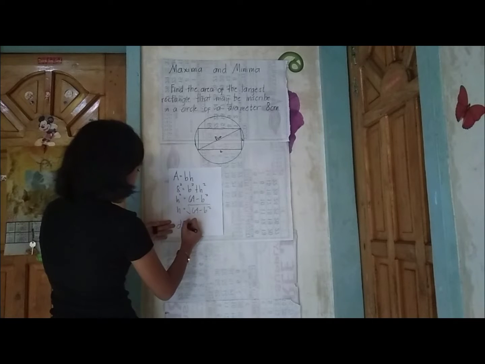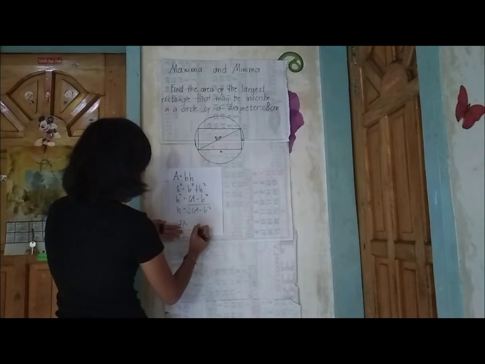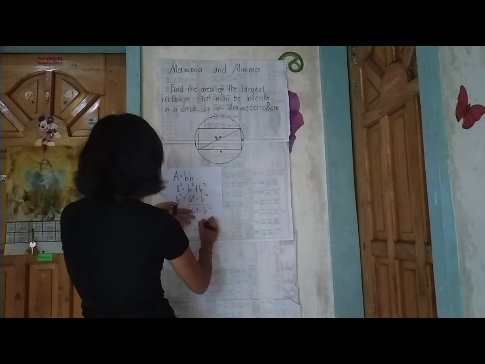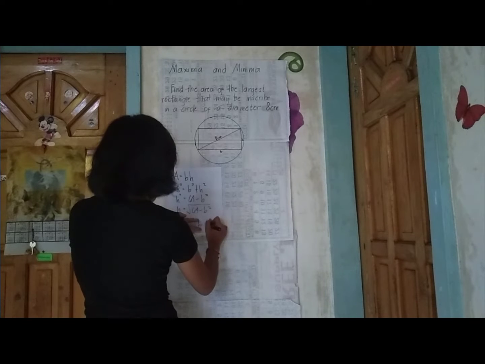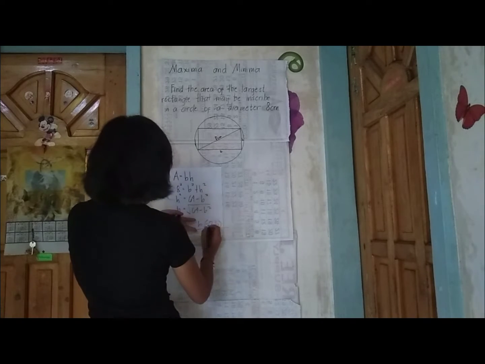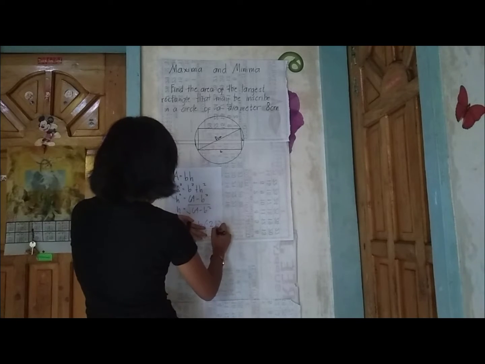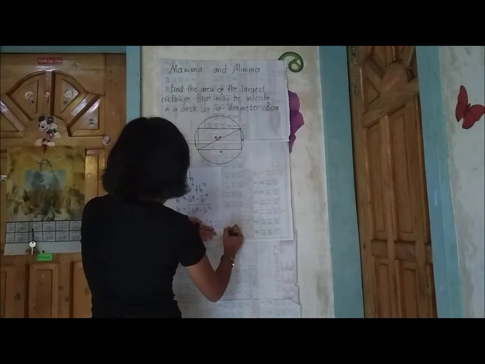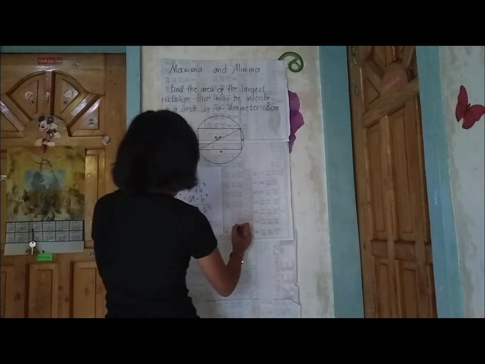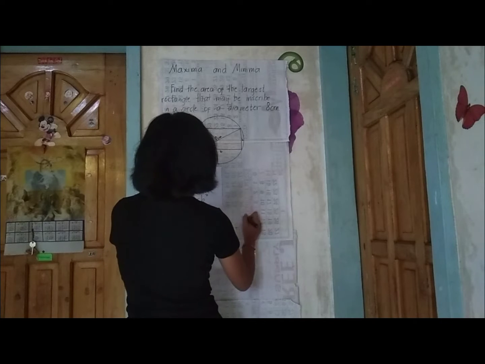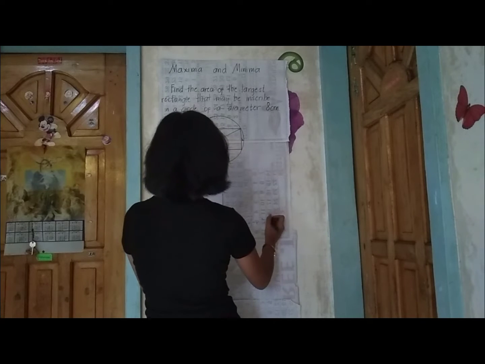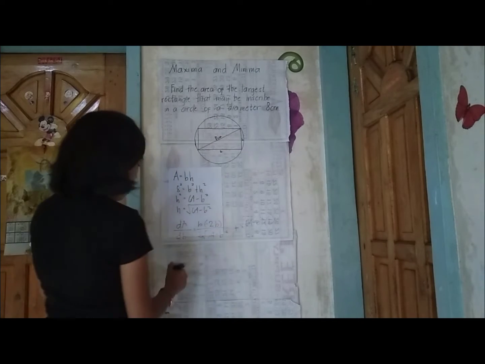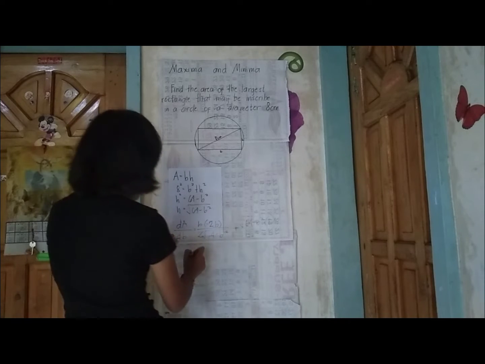The derivative of the area with respect to the base is equal to b multiplied to the derivative of negative b squared, which is negative 2b, over 2 square root of 64 minus b squared. Then plus square root of 64 minus b squared times 1. So we can cancel out this 2 and this negative 2.